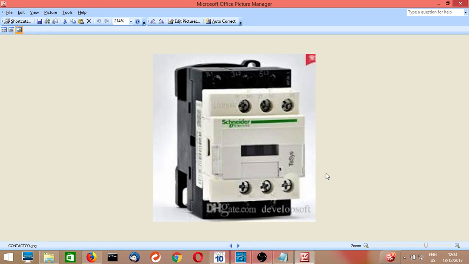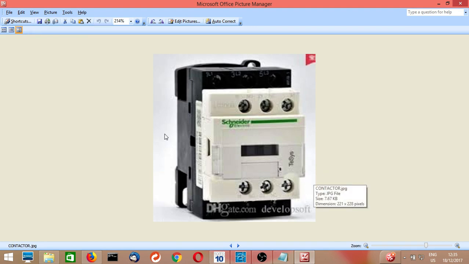This contactor is designed for starting up the motor. This is the LC1D series contactor type, LC1D in the Schneider catalog. So this is an AC3 duty contactor.